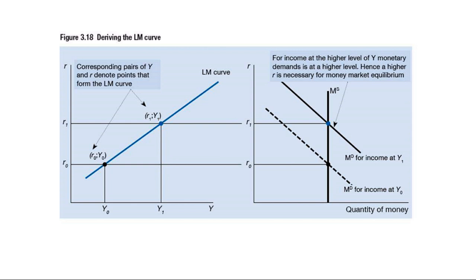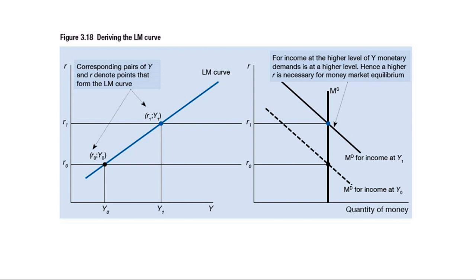Then, if there is an increase in income to another income level, Y1, that would imply that the demand for money has to increase. So at higher levels of income, we know that there's a greater demand for money. So the demand for money curve shifts upward, and this pushes interest rates up to the level R1.